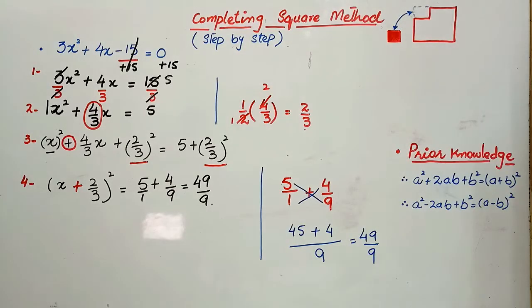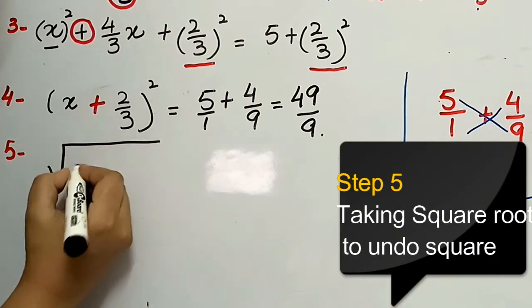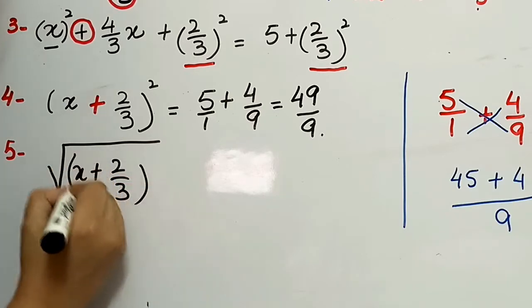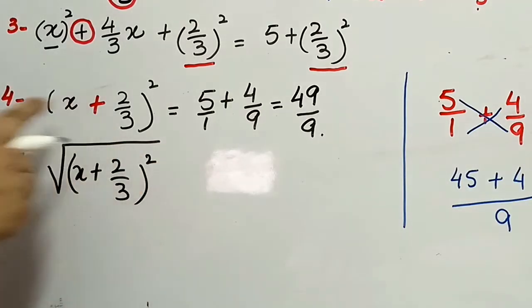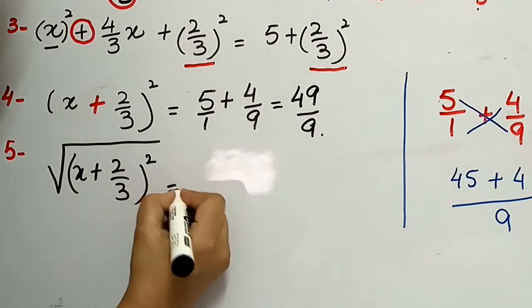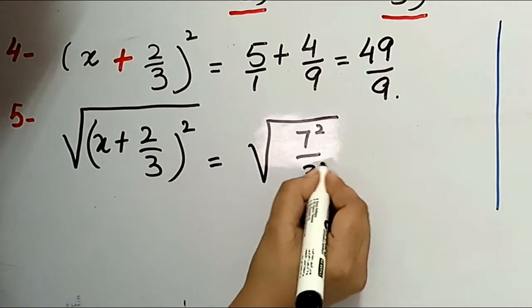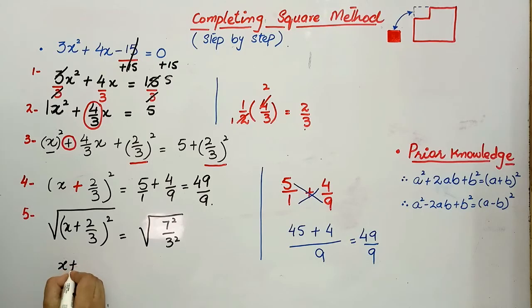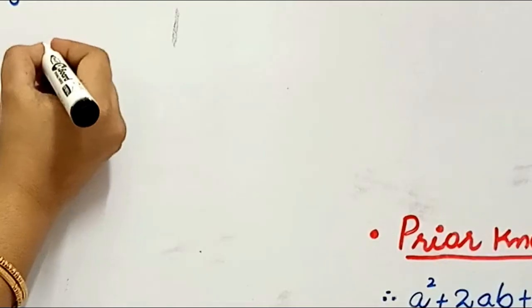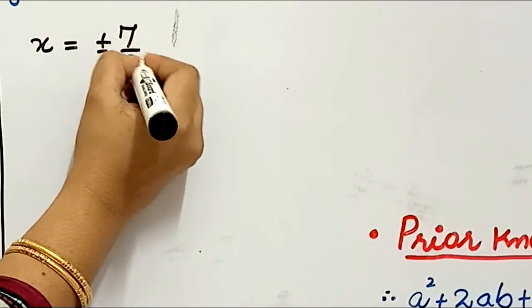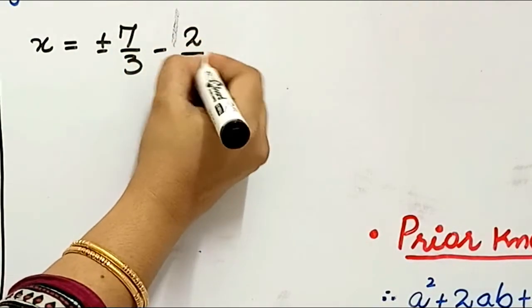In the fifth step, I have to take the square root of x plus 2 by 3 whole square. As square and square root undo each other, it would be written as 7 square by 3 square. X plus 2 upon 3 is equal to plus minus 7 upon 3. So I can write x is equal to plus minus 7 upon 3 minus 2 upon 3.